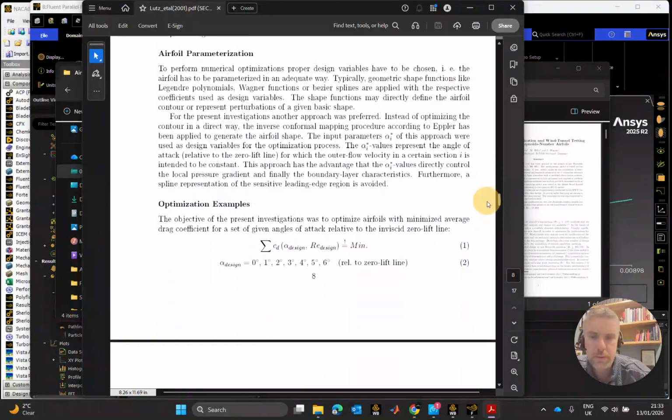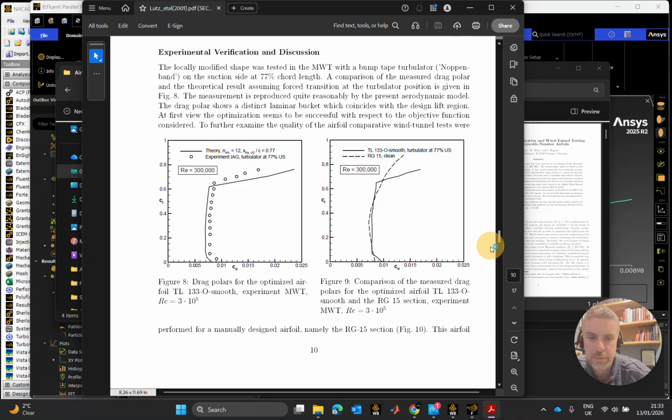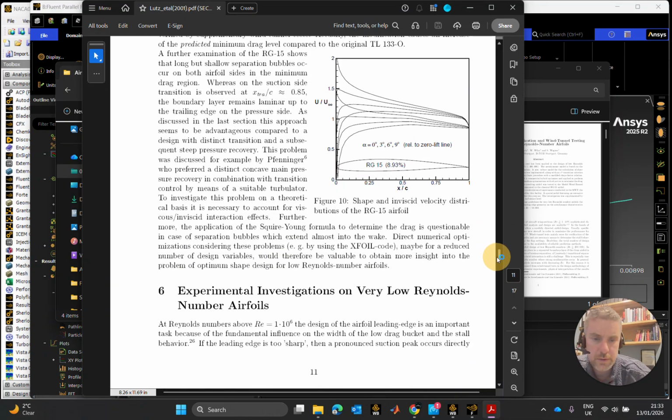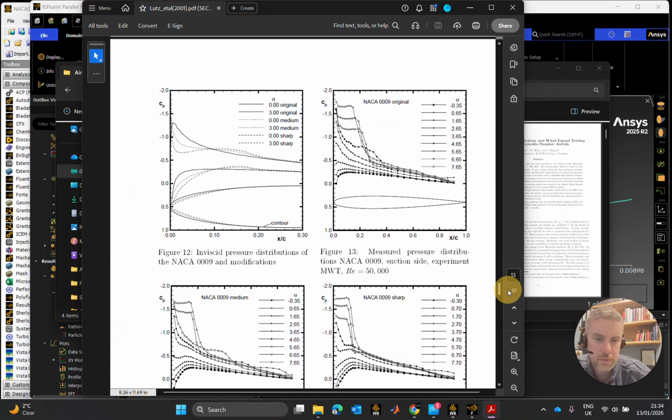We'll zip on down. Normally you can go straight down to the results on these, but sometimes there are graphs and plots scattered through the data that have the information we're looking for. There's NACA 0009, with original angles of attack.